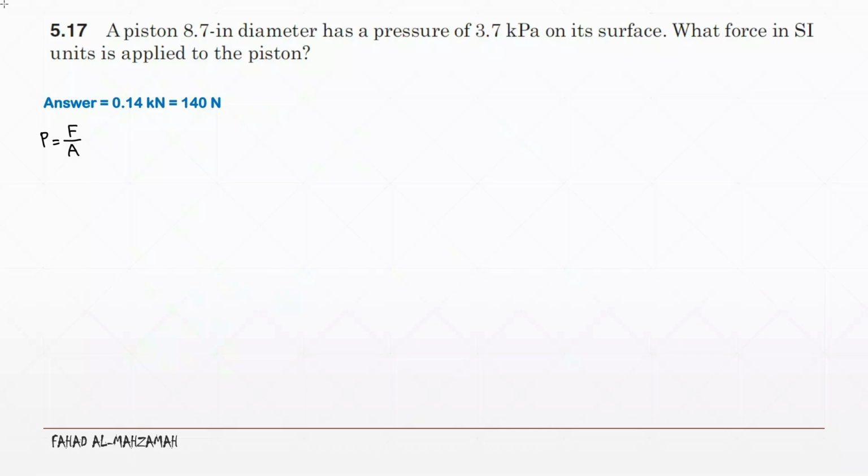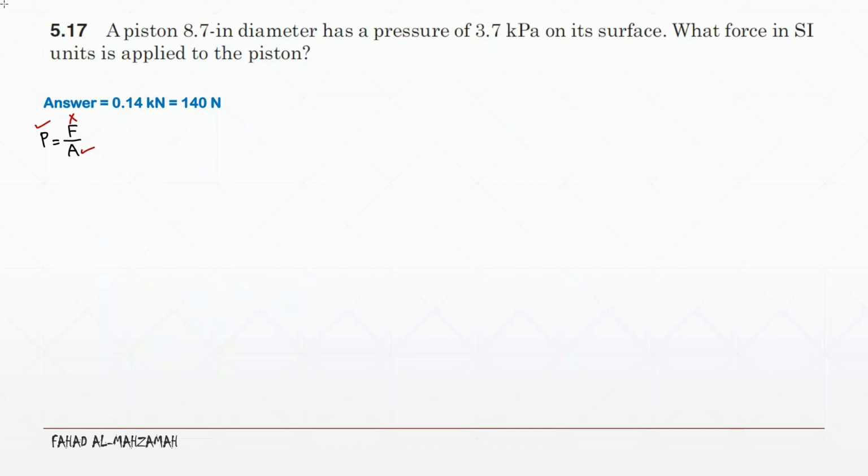The pressure is given, but it's given in SI unit, kilopascal, kilonewton per square meter, and the area is not given. He gave you the diameter in inch. I put this question because it's a typical question for pressure. It's easy to apply the formula, but there is a unit conversion, then find the area, convert it, and then multiply the pressure by the area to find the force.